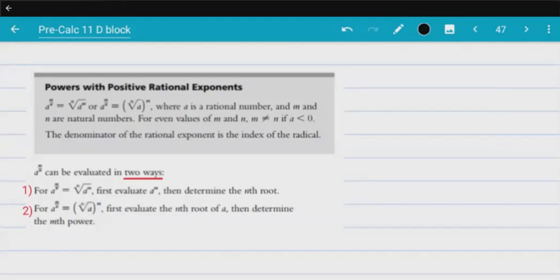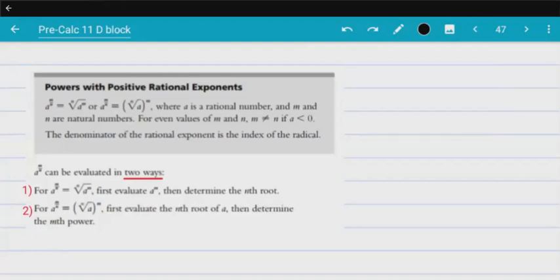What this is saying is, if you have a power with a base of a, and then you have an exponent which is a fraction, there are two ways to solve this as you turn it into a radical.